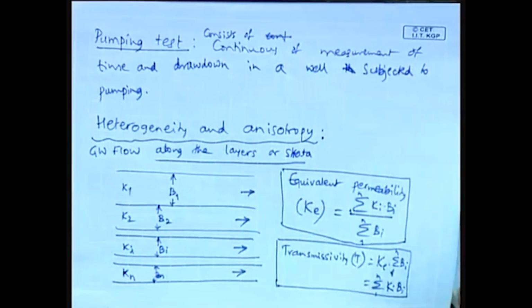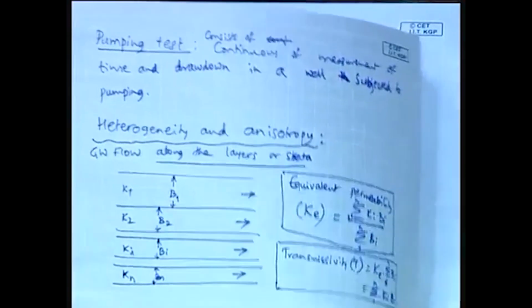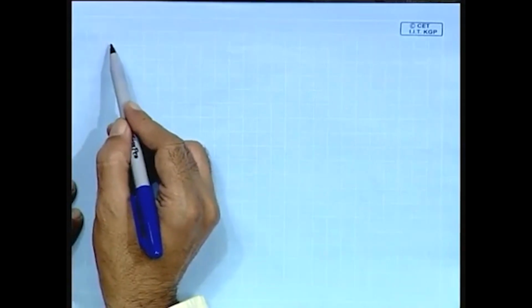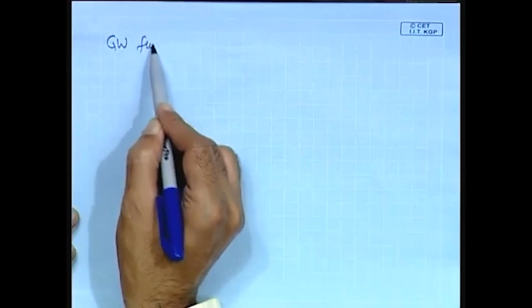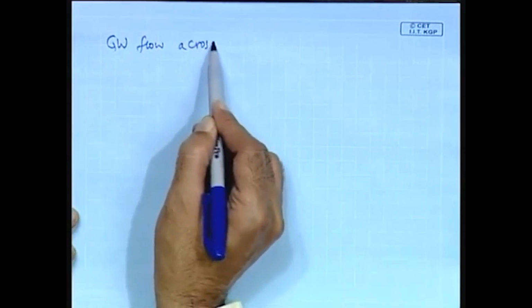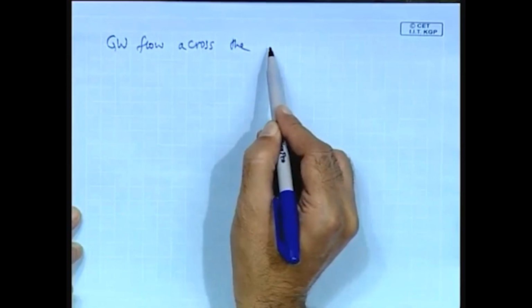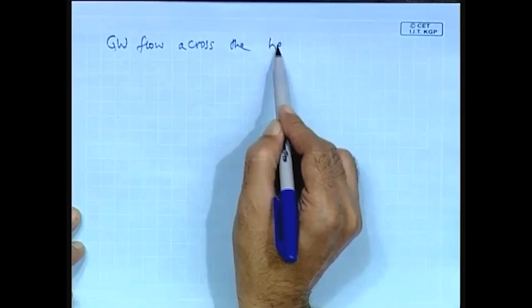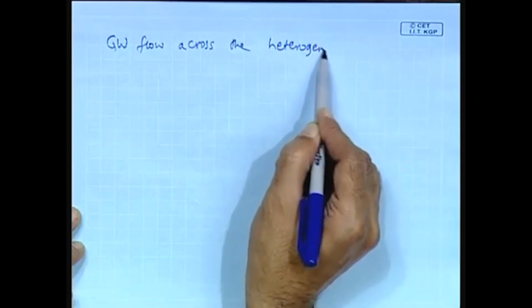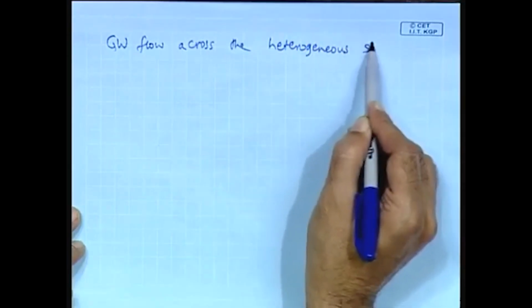Sometimes it may so happen that in a heterogeneous aquifer the groundwater flow is taking place across the stratum or layers. Okay, so this is the groundwater flow across the heterogeneous strata.